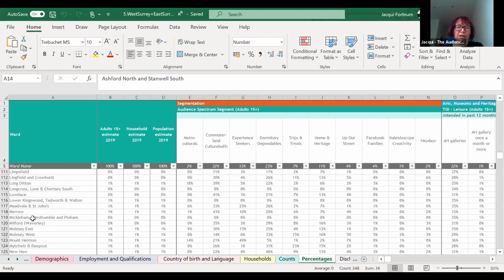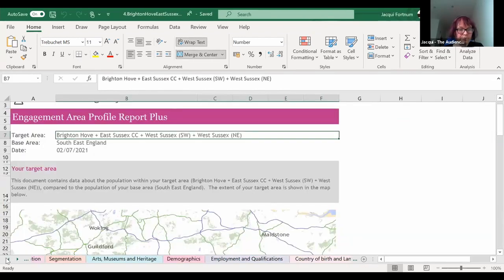And that sort of information is what you'll get through the audience spectrum segmentation data, which is what we'll look at after we've had a quick look at your other area profile report, which is the Brighton and Hove. So let's have a quick look at that one now.